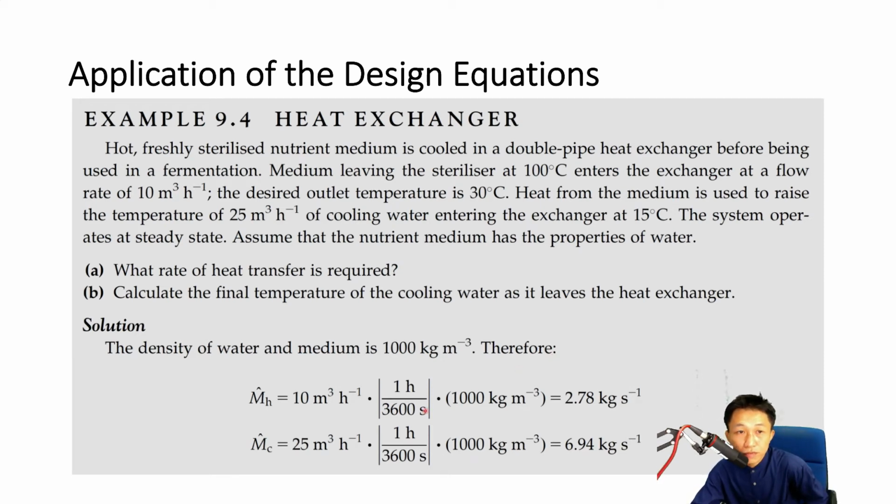You can pause the video and have a look at it later on. This hot one is the medium side, and this is the cool side, the cooling water. So basically, you just change from the volumetric flow rate to the mass flow rate, for the hot side and then the cold side.